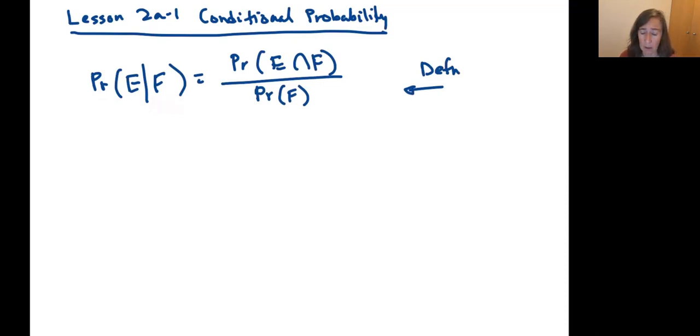Okay, so we might contrast this with the probability of E. Here we're assuming F is not known. F is still random. But once we add the conditional on F, it's like, okay, now we've learned something new. Do we want to adjust our beliefs about E here?